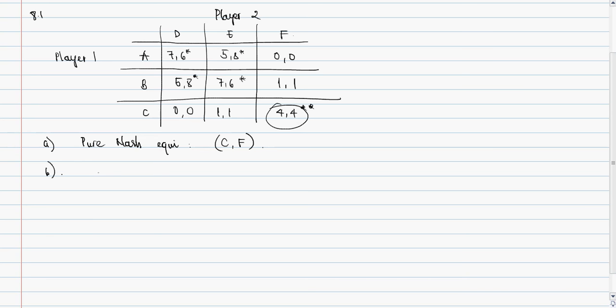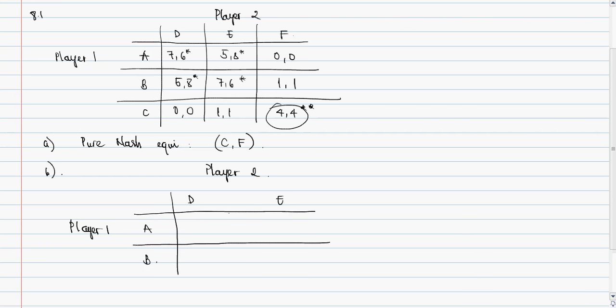So basically A and B for player 1, D and E for player 2. So that's 7, 6, 5, 8, 5, 8, and 7, 6.